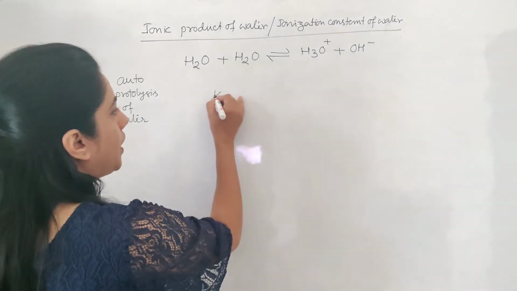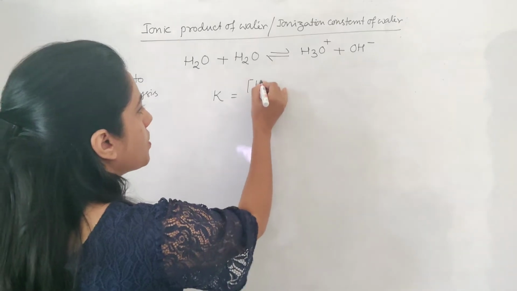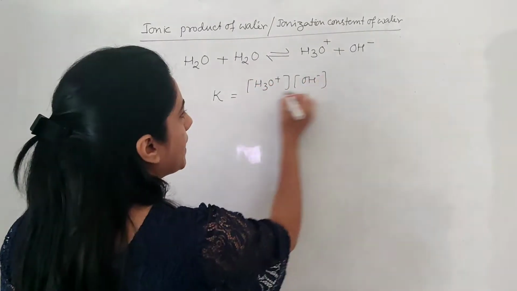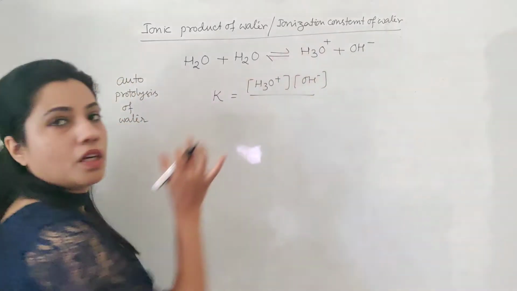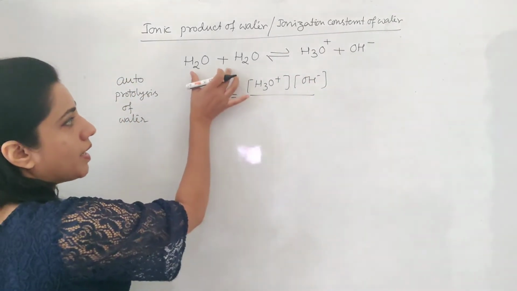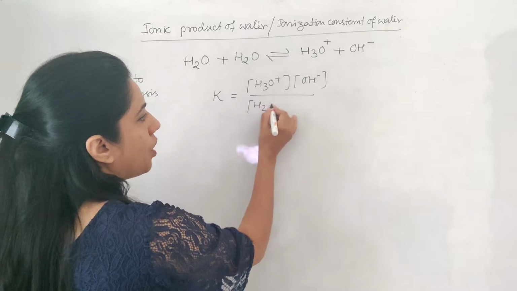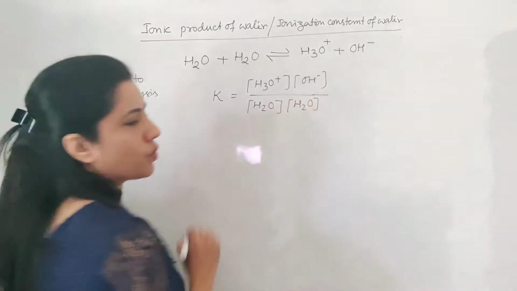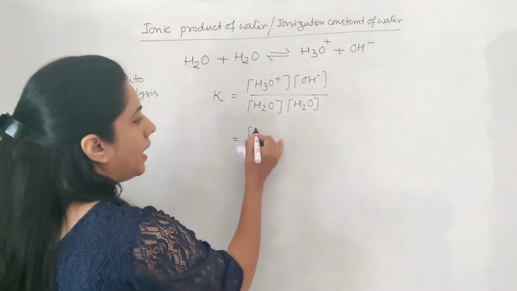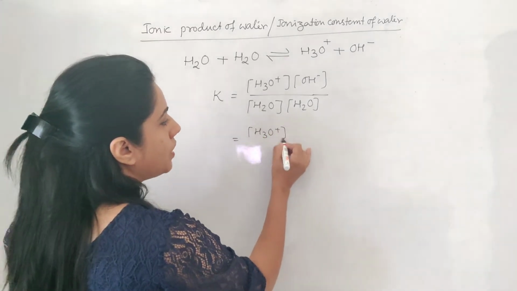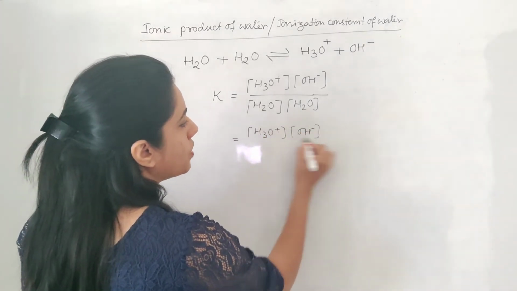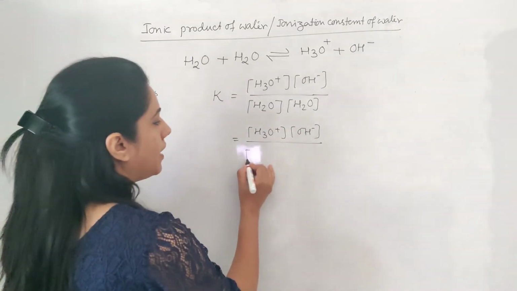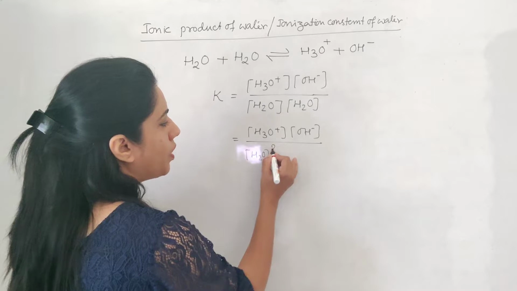If we try to write down the equilibrium constant, it will be the concentration of H3O plus into the concentration of OH minus, the product of the concentrations of the products divided by the product of the concentrations of the reactants. So concentration of H2O into concentration of H2O. In the denominator we have 2 times H2O, so we can write it as H2O to the power 2.